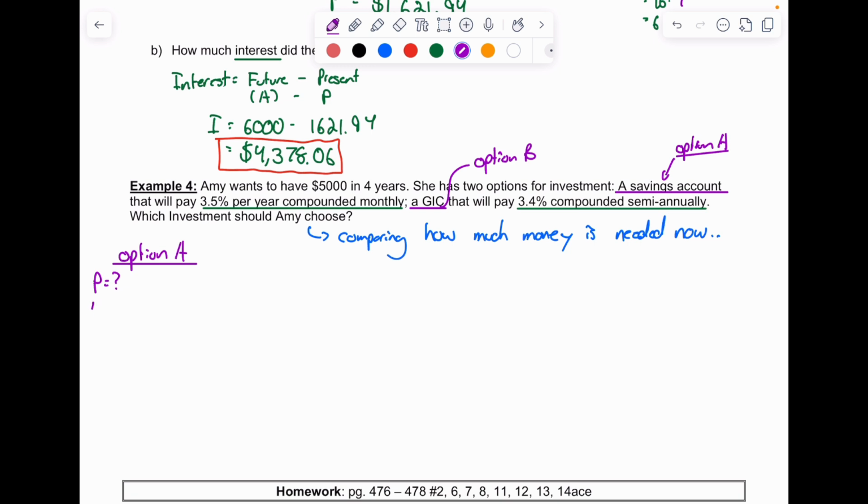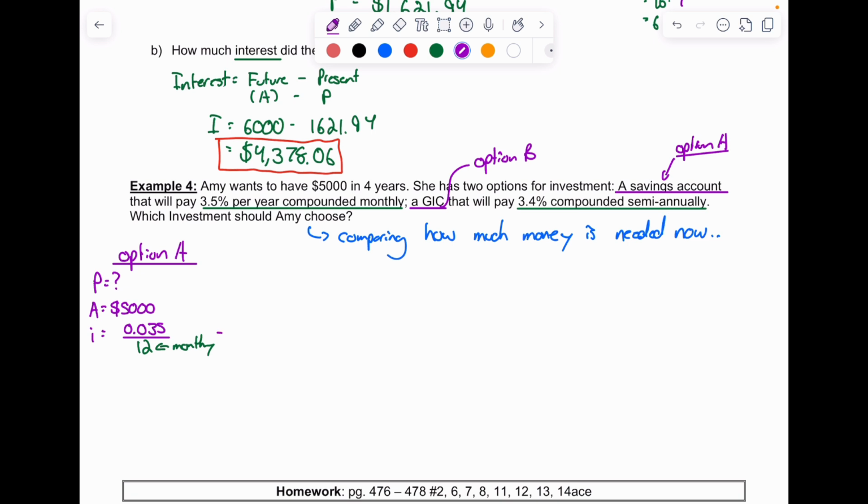But the future amount we want is $5,000. The interest rate given in option A was 3.5%, so it's 0.035. And we need to divide that by the compounding monthly. So in this case, we're dividing it by 12 because it said monthly, right?